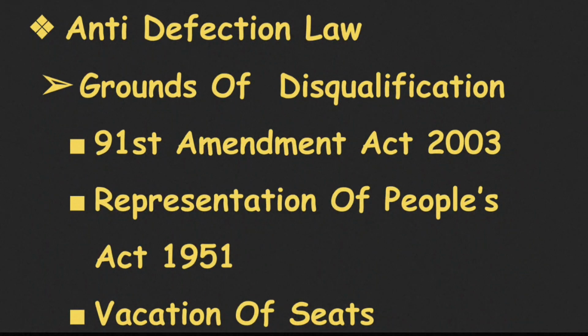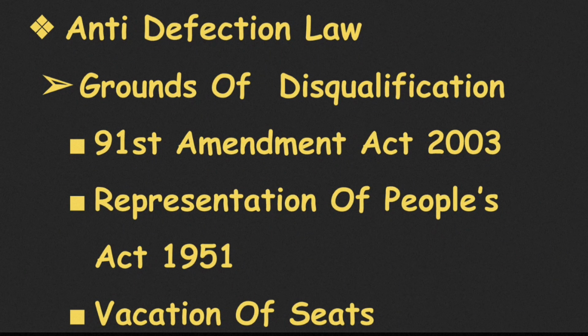Fourth, if a legislator votes or abstains from voting contrary to any direction or order or whip issued by his political party, and such voting or abstention has not been condoned by his or her political party within 15 days of such voting or abstention.